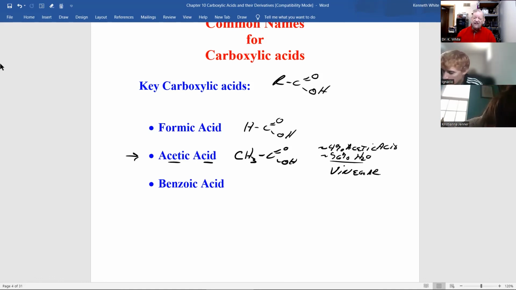And you all have vinegar in your house, or if you have ketchup, the ketchup has vinegar. If you have mustard, the mustard has vinegar. Isn't it amazing? We're getting into all the condiments of hot dogs, and pickles have vinegar in them. And that's acetic acid, because vinegar is approximately 4% acetic acid, and the remainder water.